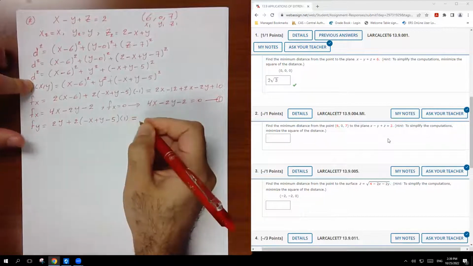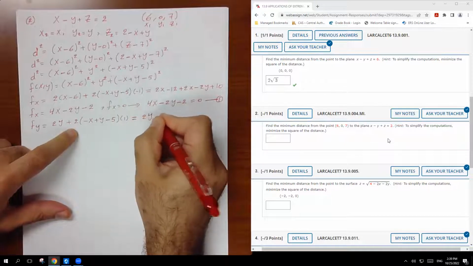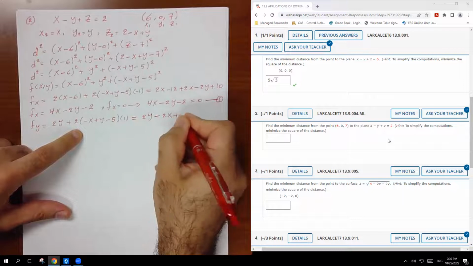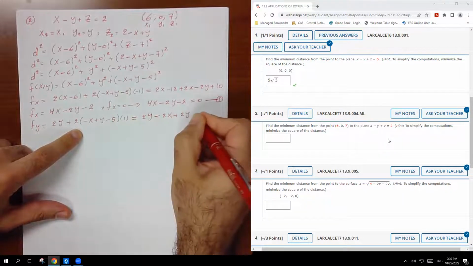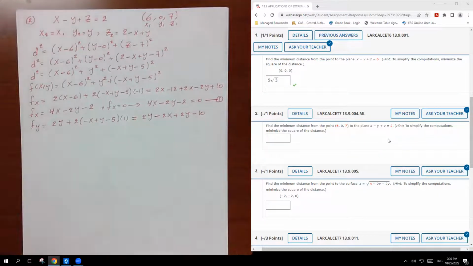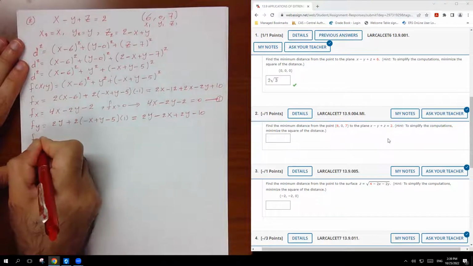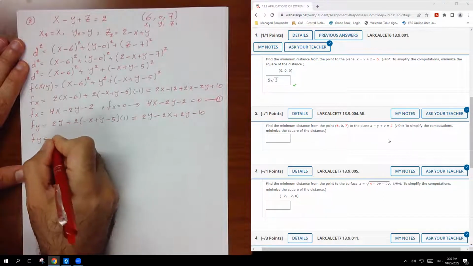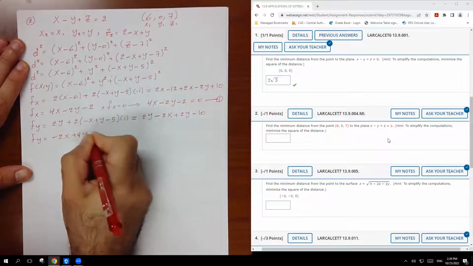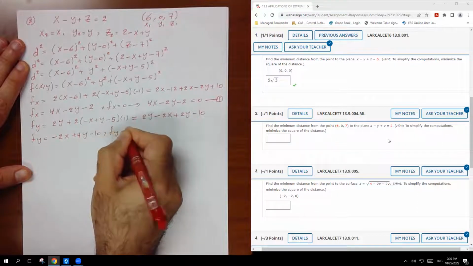So this one is going to be equal to 2y minus 2x plus 2y minus 10. Yes, minus 10. Combining the like terms, that means f sub y is going to be negative 2x plus 4y minus 10. Let f sub y equal 0.